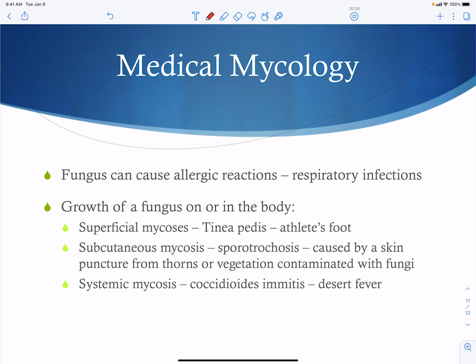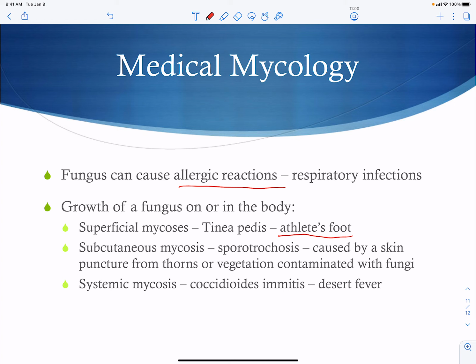Now, of course, fungi are very well known for allergic reactions and respiratory infections. You can have different areas of the body where fungus will grow. You can have athlete's foot, tinea pedis. You could have sporotrichosis, which is common in people who garden because they get pricked on their fingers with thorns and other spikes on plants, and those can be contaminated with Sporothrix.